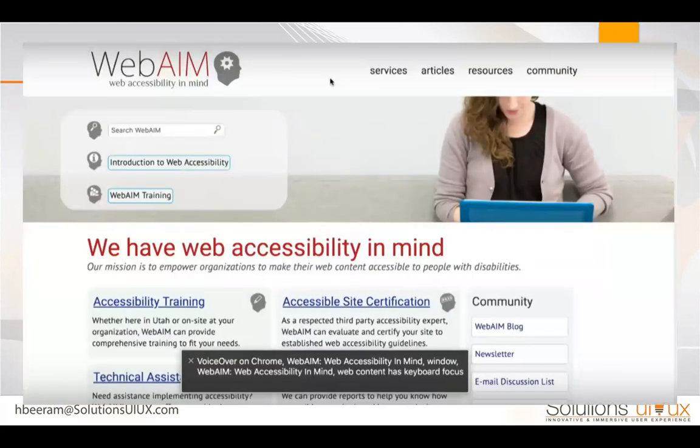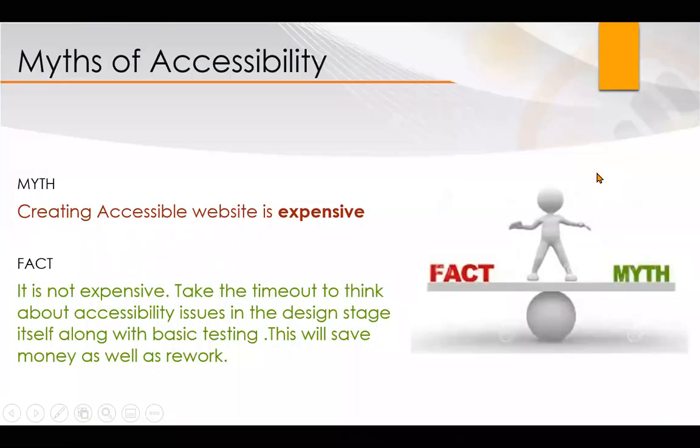And here's one company, WebIM, which stands for accessibility in mind. This is their business, right? Accessibility training, assistance, certification. You can go with any of those. There's AudioEye. There are so many options.